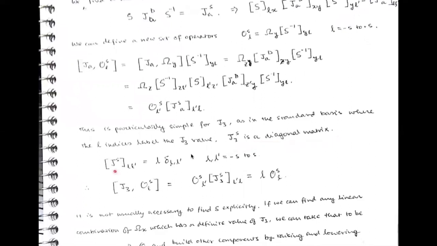So J_s of L L prime is just L delta L L prime, and so you can write this down as O_s of L prime into this object. And this object right now, as we can see from here, is just L delta L L prime. So this turns out to be just L times O_Ls. This is a simple generalization of what you know.